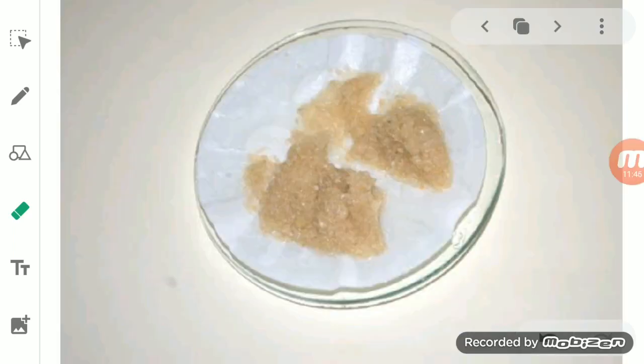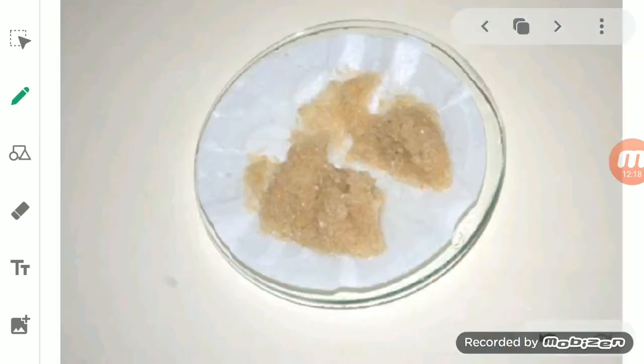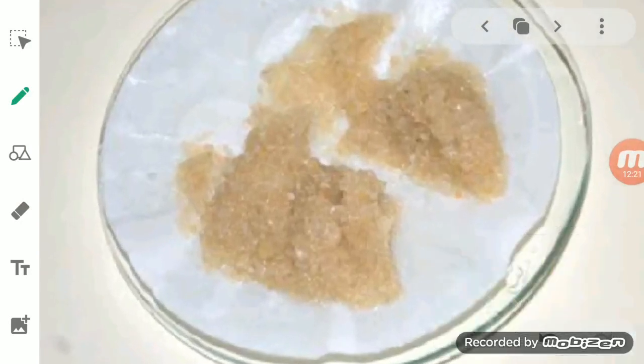You can see here in this picture, as we were talking about, this is a funnel and a filter paper is there. When we pour the insoluble solid and the liquid together, the liquid will pass and enter the other beaker kept just below the funnel, while the solid substance will remain on the filter paper.